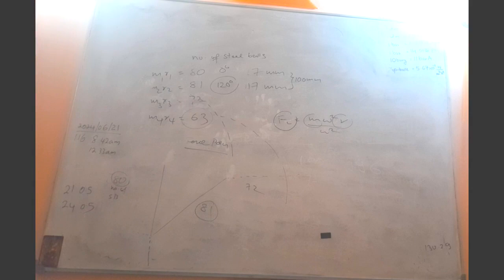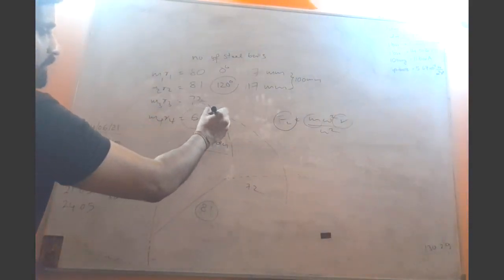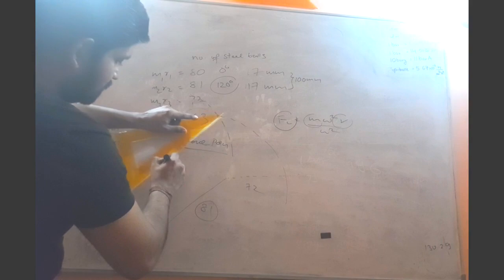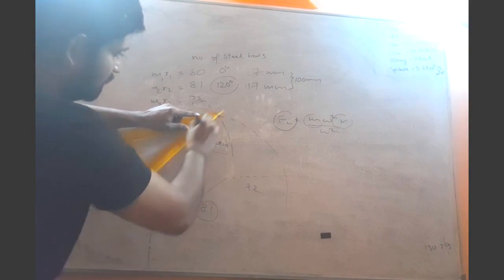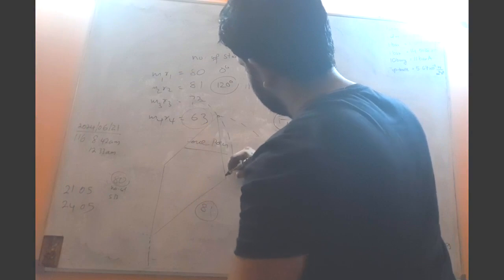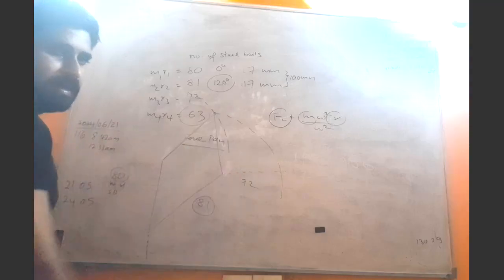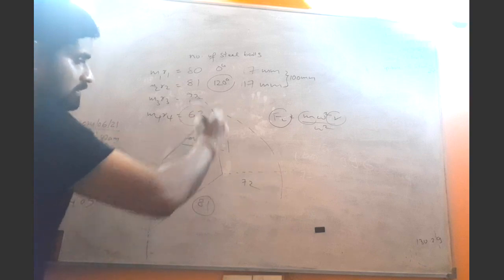Then take the ruler. This is the point of intersection. Complete from here to there, then from here to here. So now we can measure the respective angular positions. This vector represents the third mass and this vector represents the fourth mass.